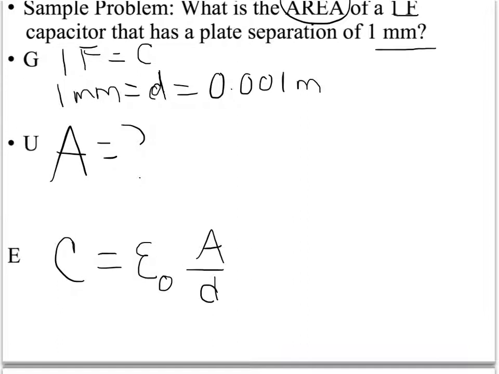That must mean that we also know the permittivity constant, even though it's not stated in the question. It's something we know and are easily able to look up. So we should add that to our list of givens. And our permittivity constant is 8.85 times 10 to the negative 12th.